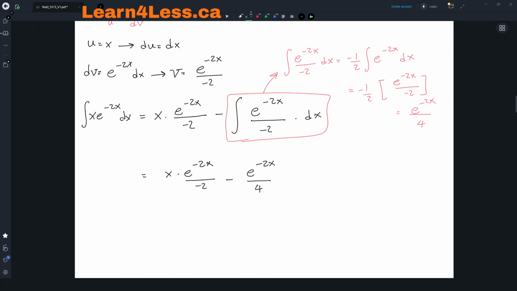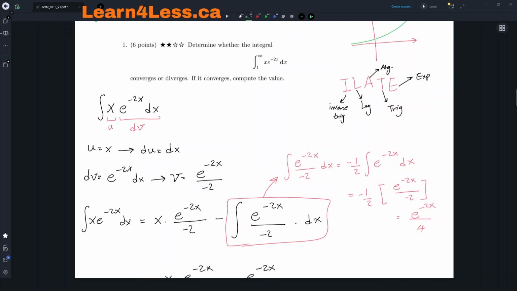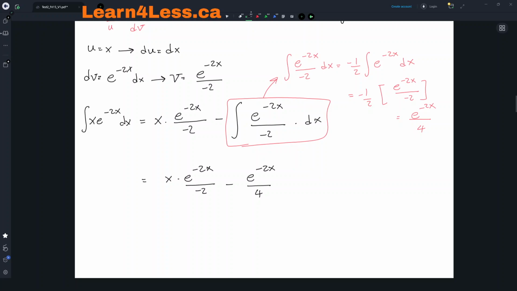Now that we have the antiderivative, we can plug in the upper bound and the lower bound. If you want to write this properly, you should not plug in the upper bound as infinity, because infinity is not a value. You cannot plug that into any equation.